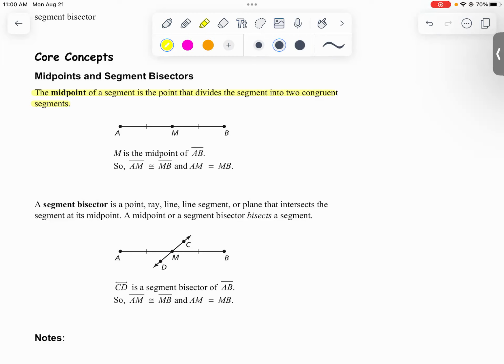Since we have this segment here, AB, and notice how AM and MB are the same length, M is considered the midpoint. It's in the middle. If we have a midpoint, then we can say AM is congruent to MB, and their lengths are equal.